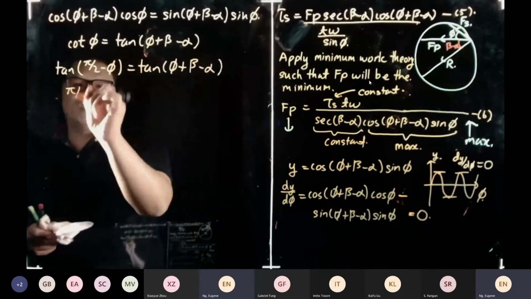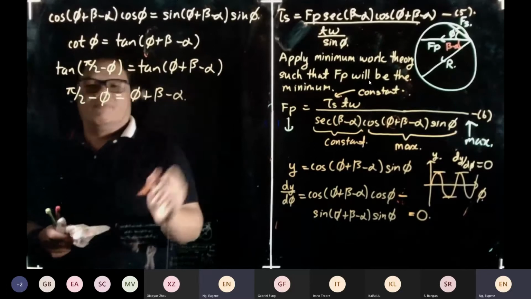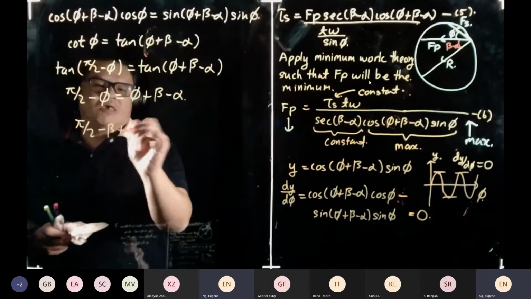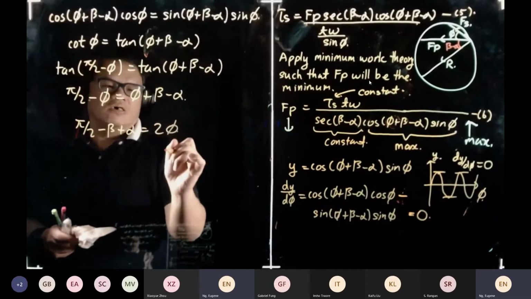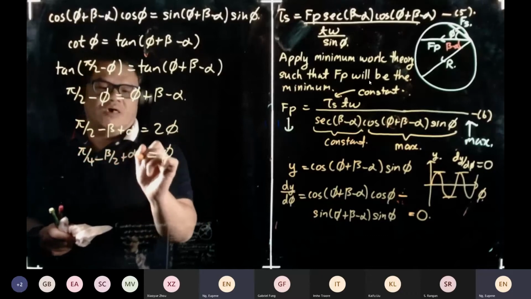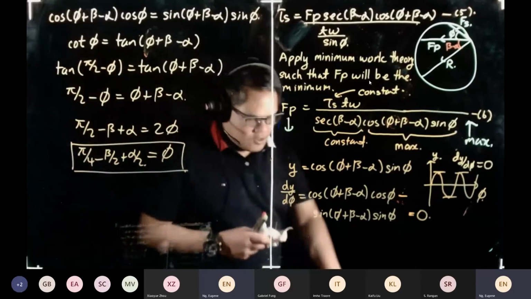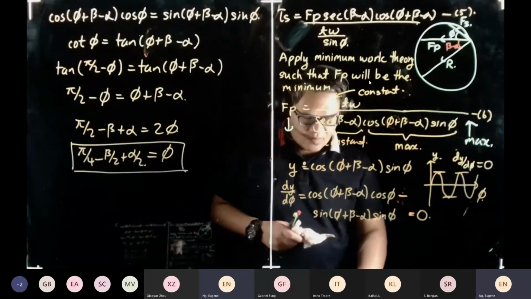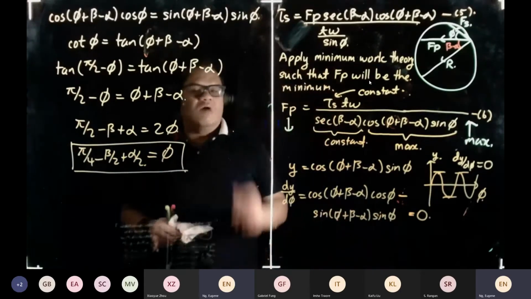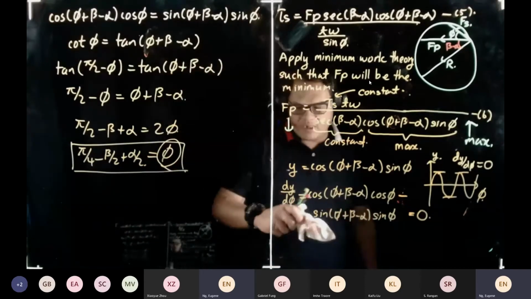So this expression can be pi over 2 minus shear angle equals phi plus (beta minus alpha). So from here, we can rewrite that pi over 2 minus beta plus alpha is equal to 2 of the shear angle. The shear angle will be equal to pi over 4 minus beta over 2 plus alpha over 2. So that's how he derived the shear angle relationship. Why he did that is because he doesn't want to measure the deformed chip thickness. He just wants to use this expression.